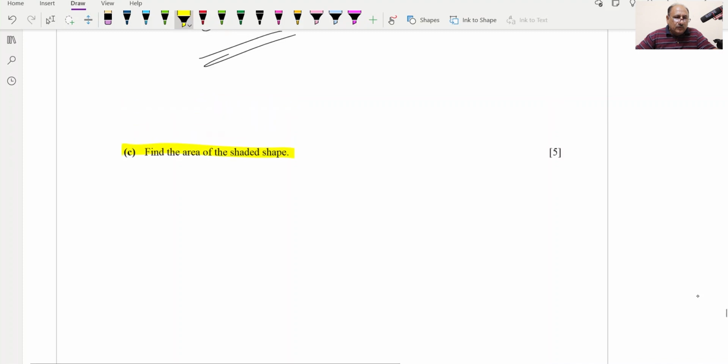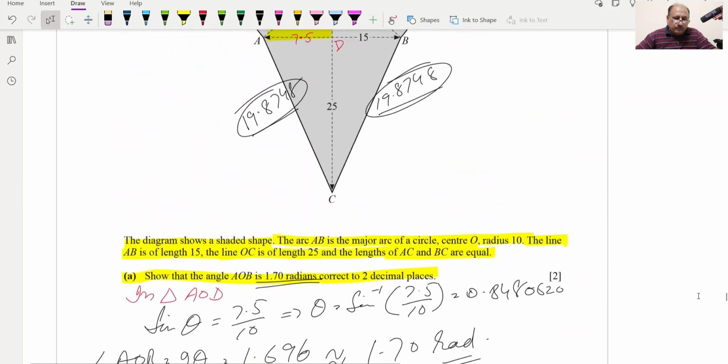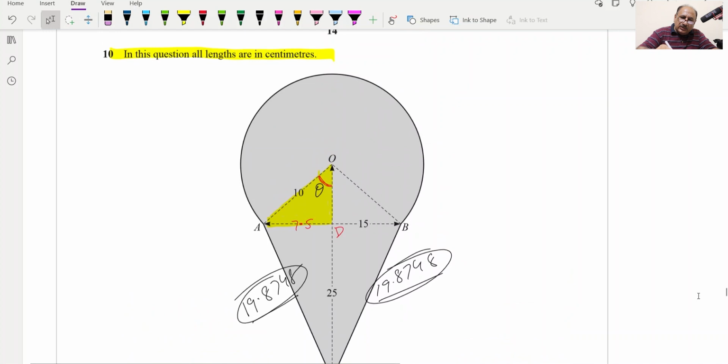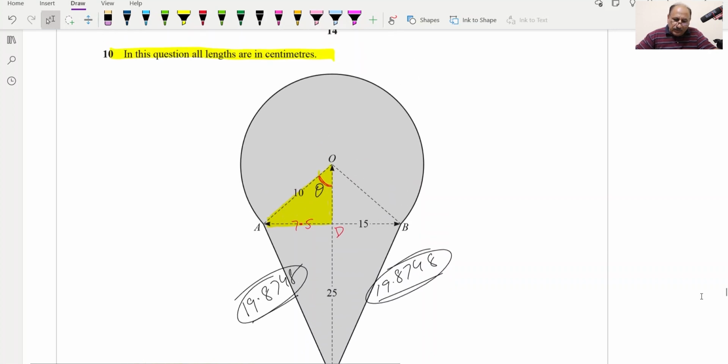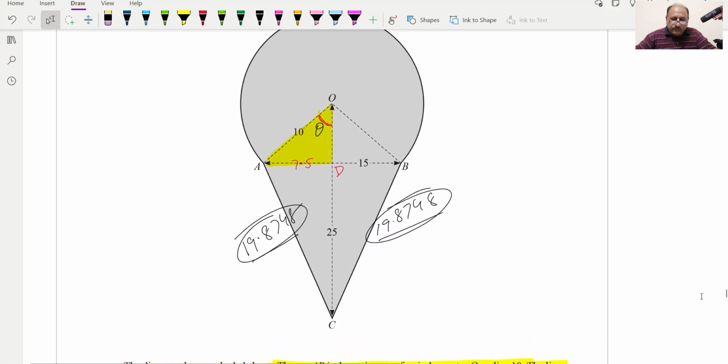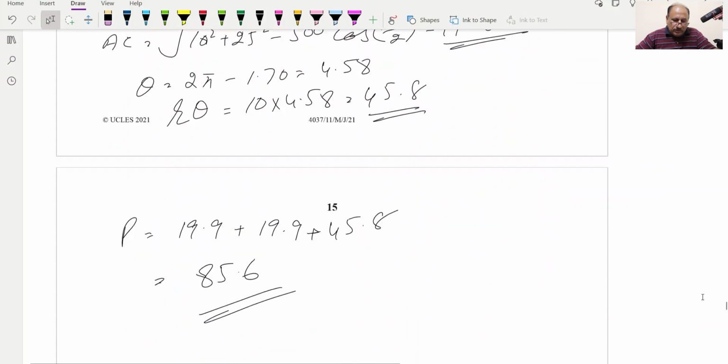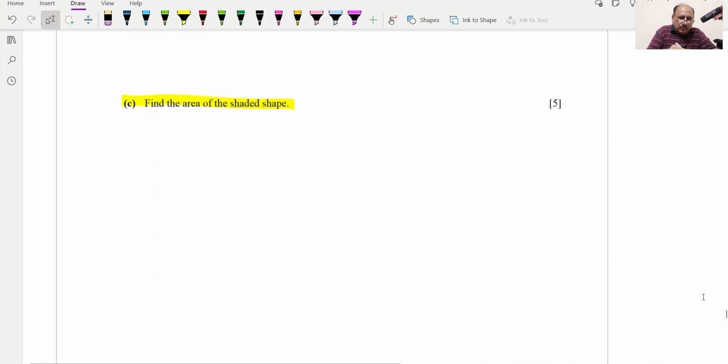We need to find the area of the major portion, this one we will find, and then we will find the area of the kite AOBC, and then we will add those two areas. So first, the area of the major arc AOB.